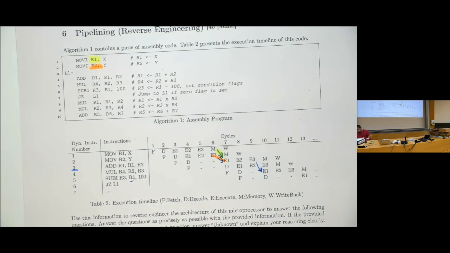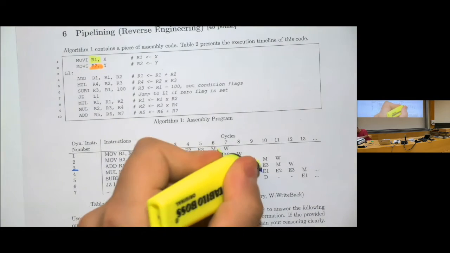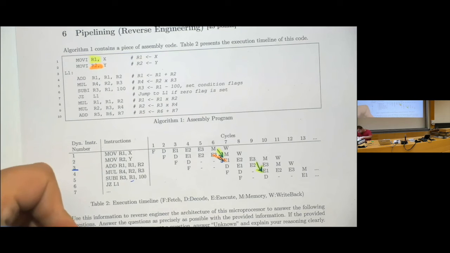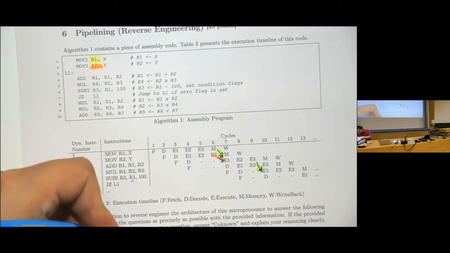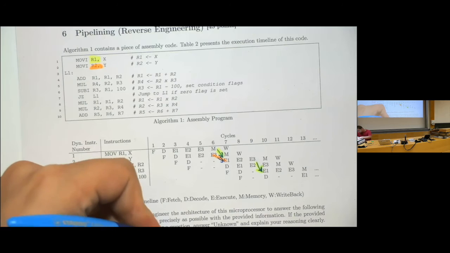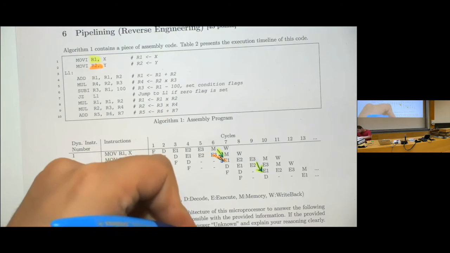So what we see both times is that at least there must be forwarding from E3 to E1.